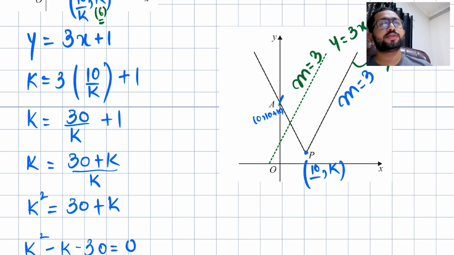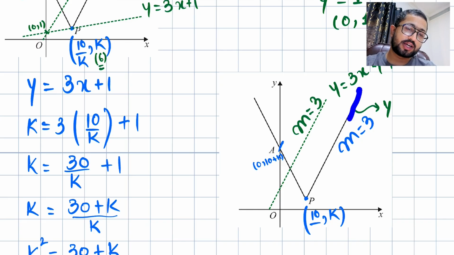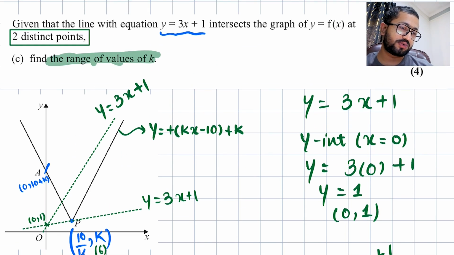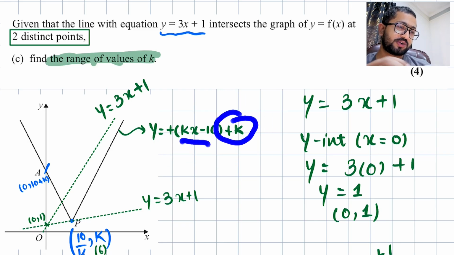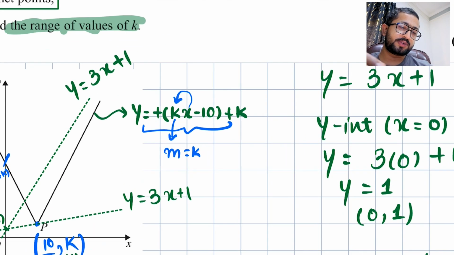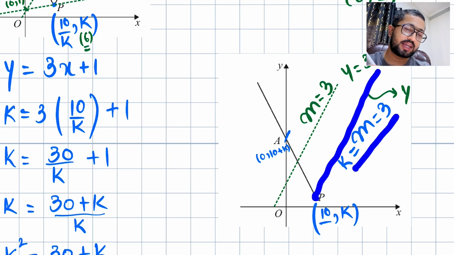Obviously also 3 if they are parallel with each other. What is the equation of this line? Equation of this line is y equal to kx minus 10 plus k. What is the gradient of this line? M is k. So it means the gradient of this line is 3, which is the k value. So this line has k value 3 actually.